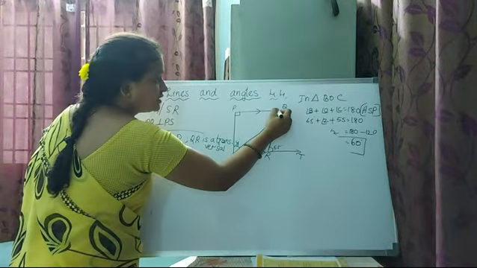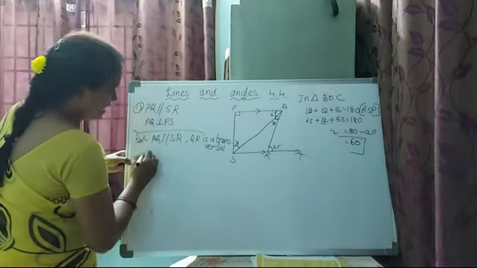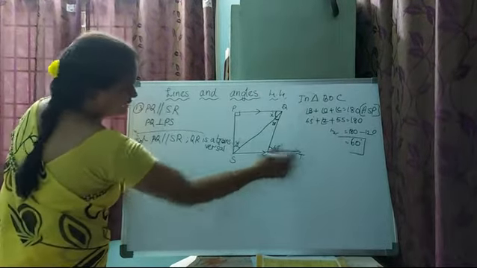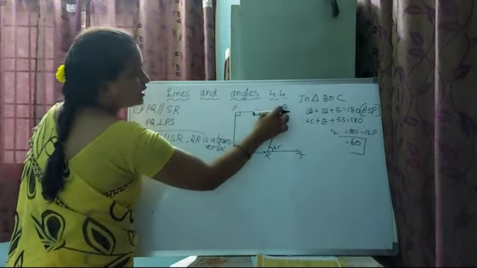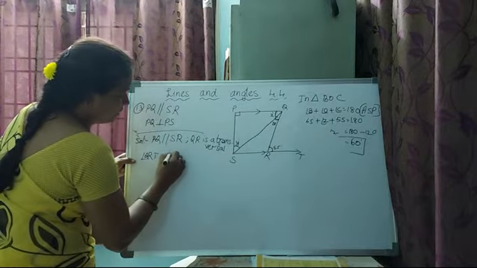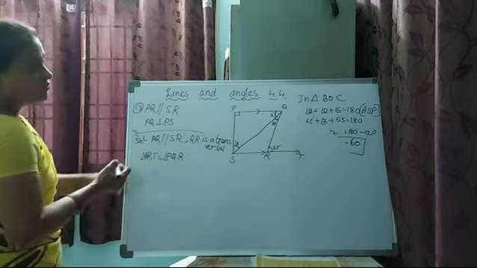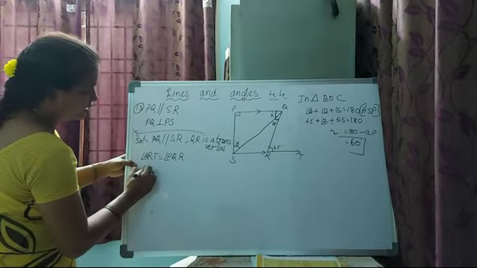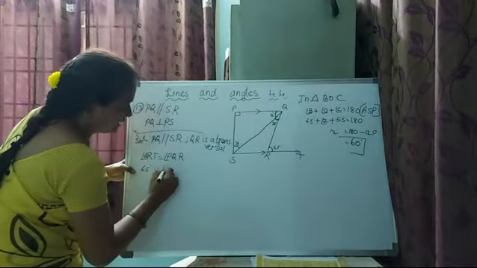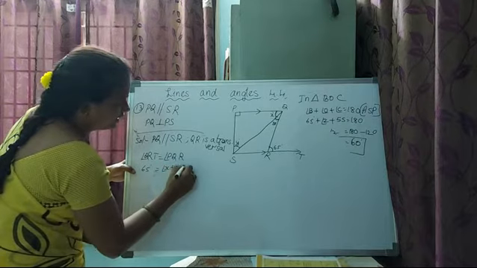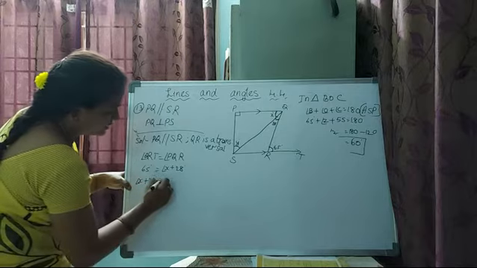See, if you observe this complete angle and this angle, angle QRT is equal to angle PQR, both are equal. What is QRT? QRT is nothing but 65 degrees. What is PQR? PQR means angle X plus 28 degrees. So angle X plus 28 degrees is equal to 65.